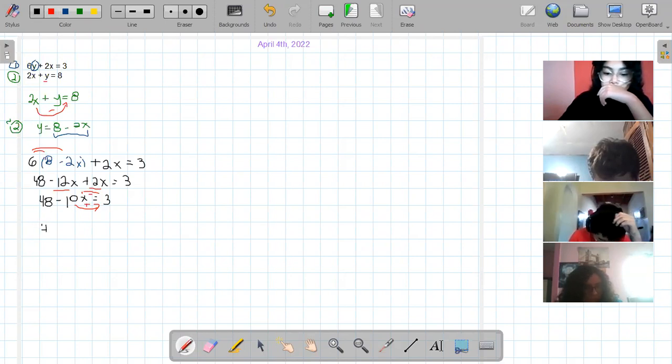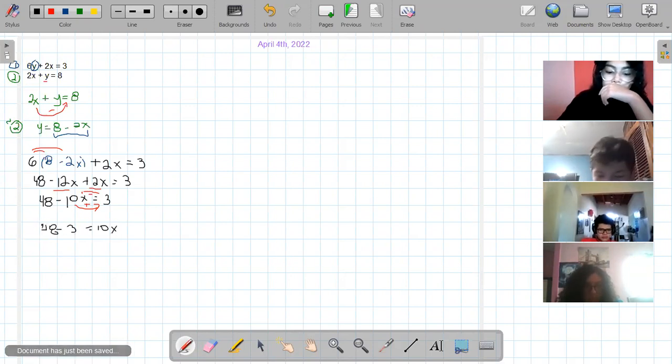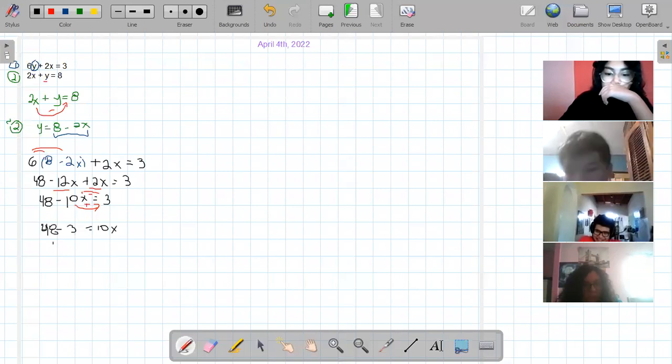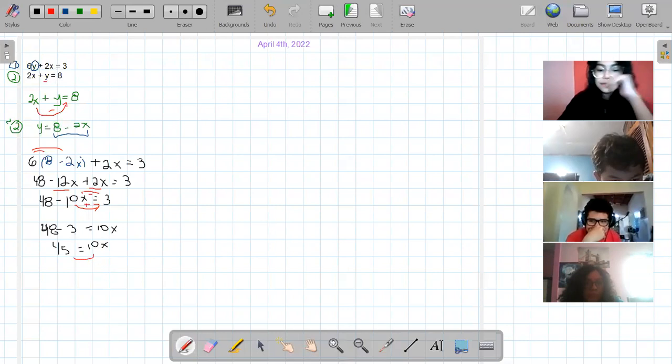So I have 48 minus 3 equals 10x. 48 minus 3 is 45, so 45 is equal to 10x. 10 is multiplying, so it passes to the other side dividing, and I have 45 over 10 equals x.